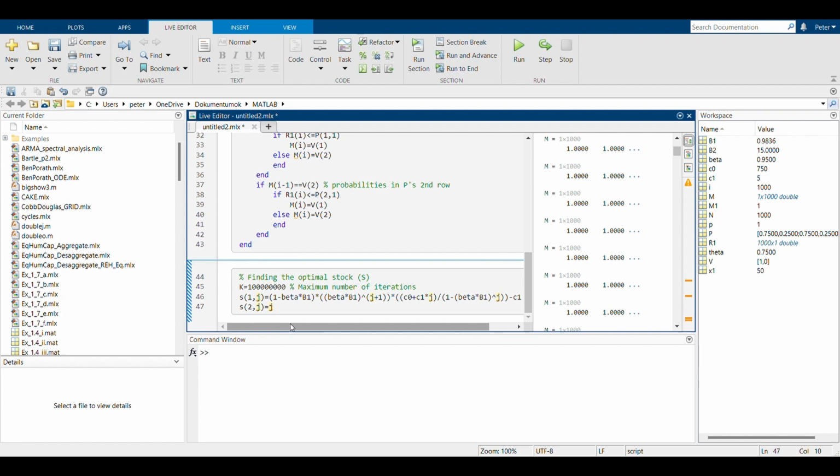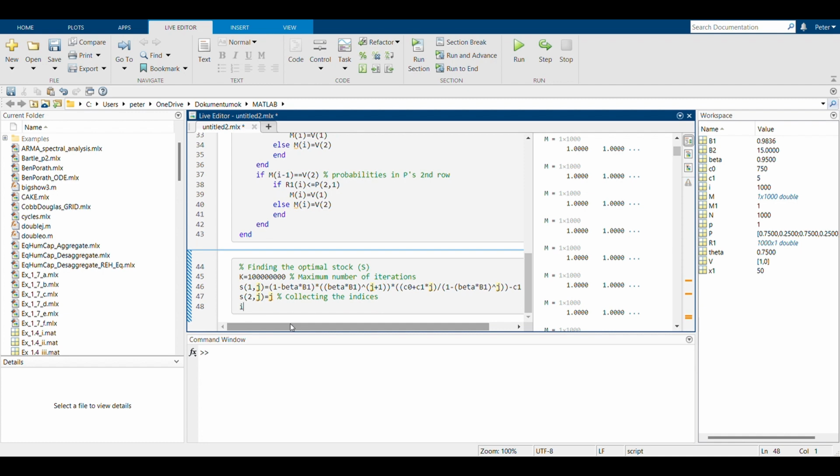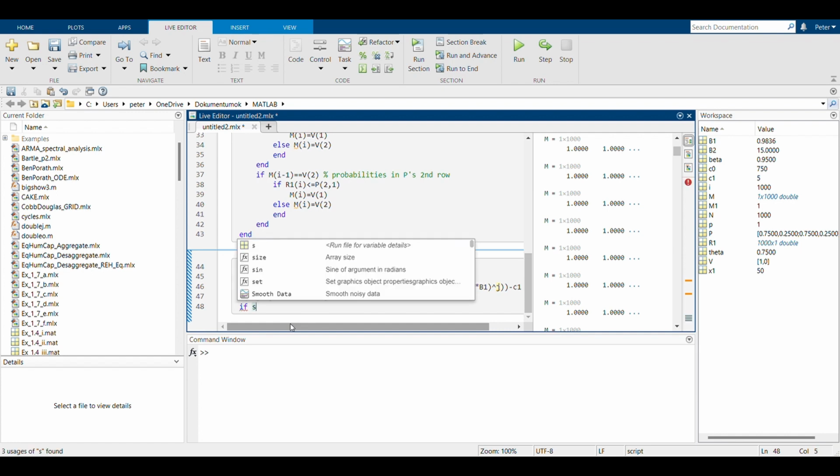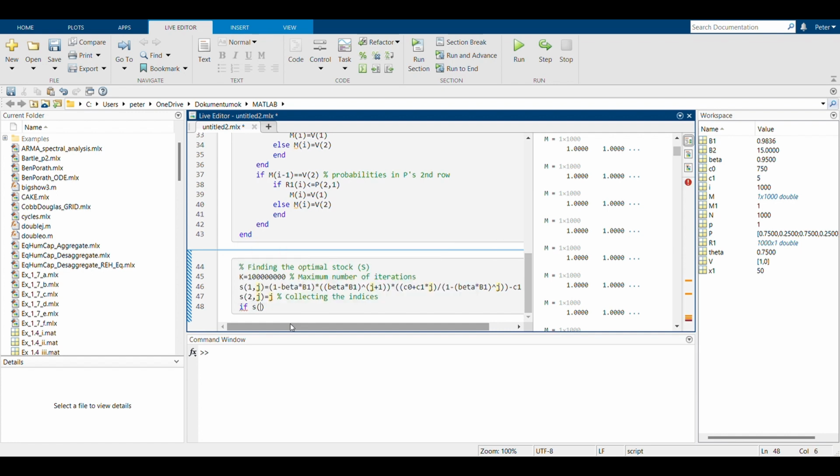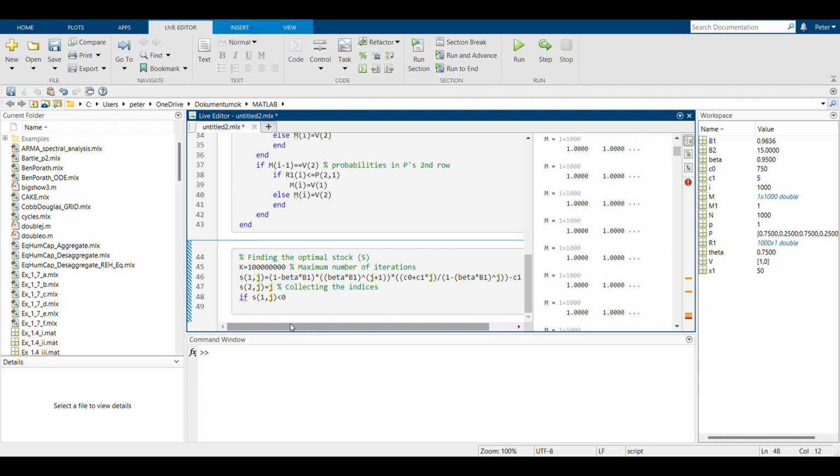So here we are collecting the indices, and please remember, if this inequality, on the basis of which we define the first row of matrix S, becomes negative, then we can stop.